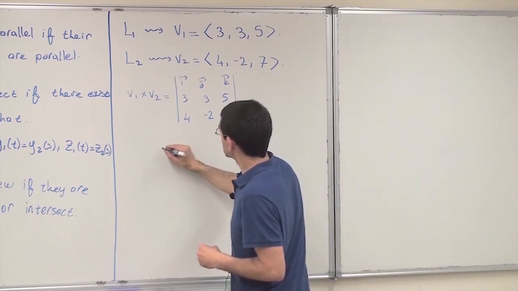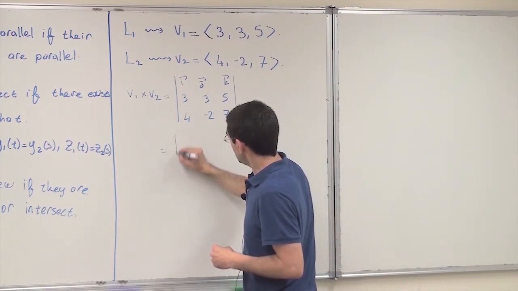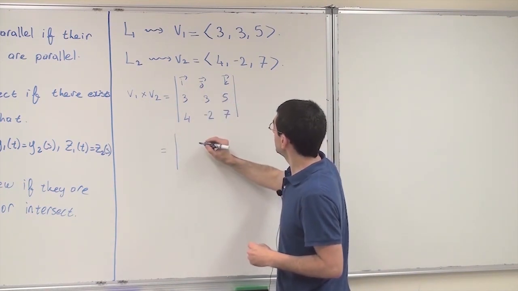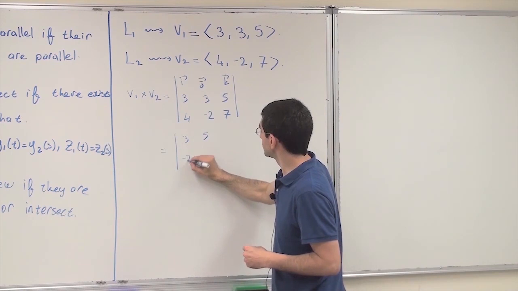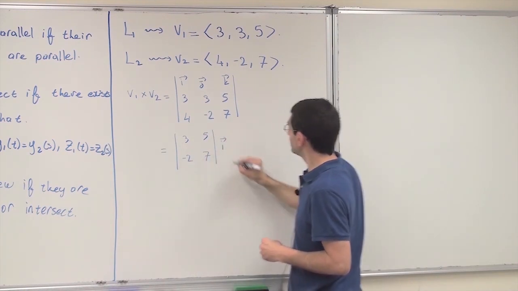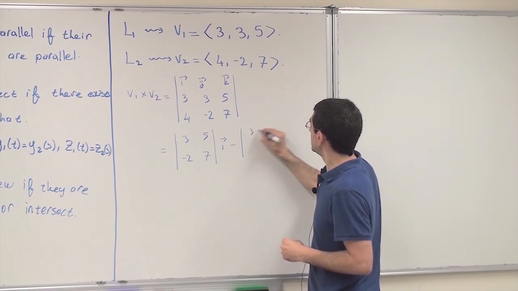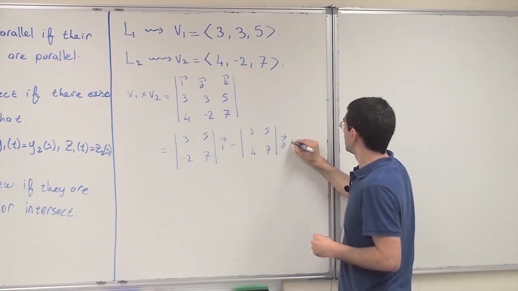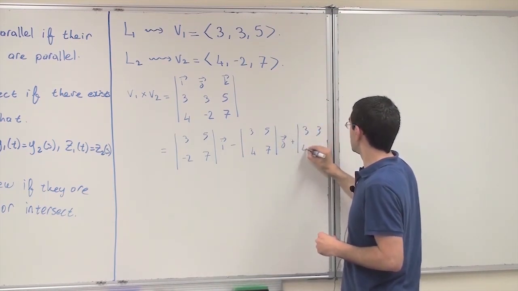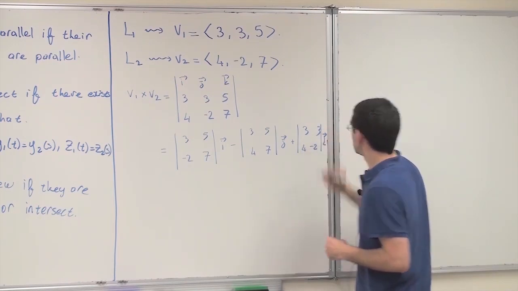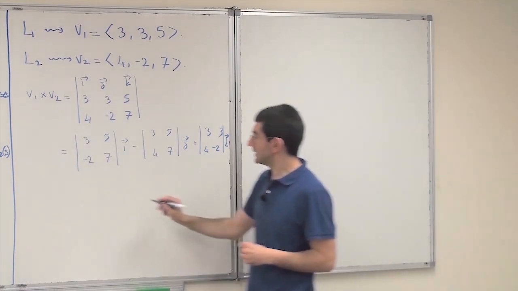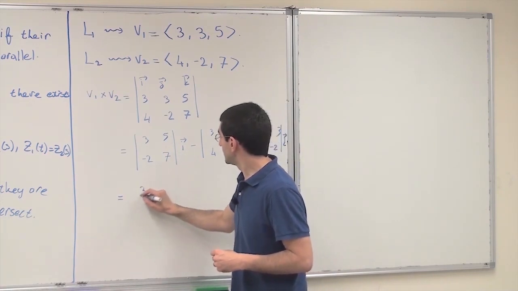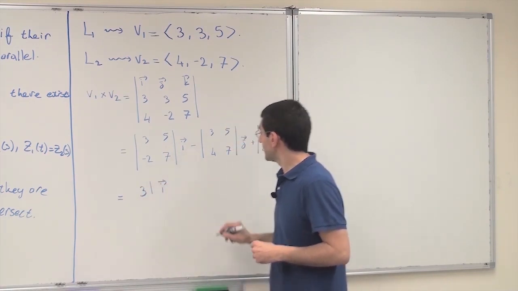Okay, so if we expand this determinant with respect to the first row, we are going to have (3, 5; -2, 7) I, minus (3, 5; 4, 7) J, and plus (3, 3; 4, -2) K. Now, when we finish this, we are going to have 31I.